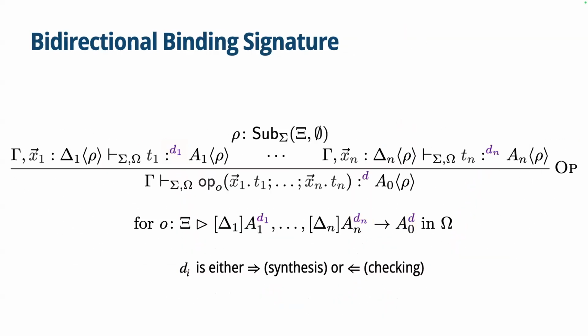Okay, should I stop here for a moment, or is it okay? I guess my final question on this, hopefully, is where is rho determined or bound? The variable rho in the rule, where does that come from? Which one? The rho that is passed everywhere. Yeah, the substitution, where does that come from?